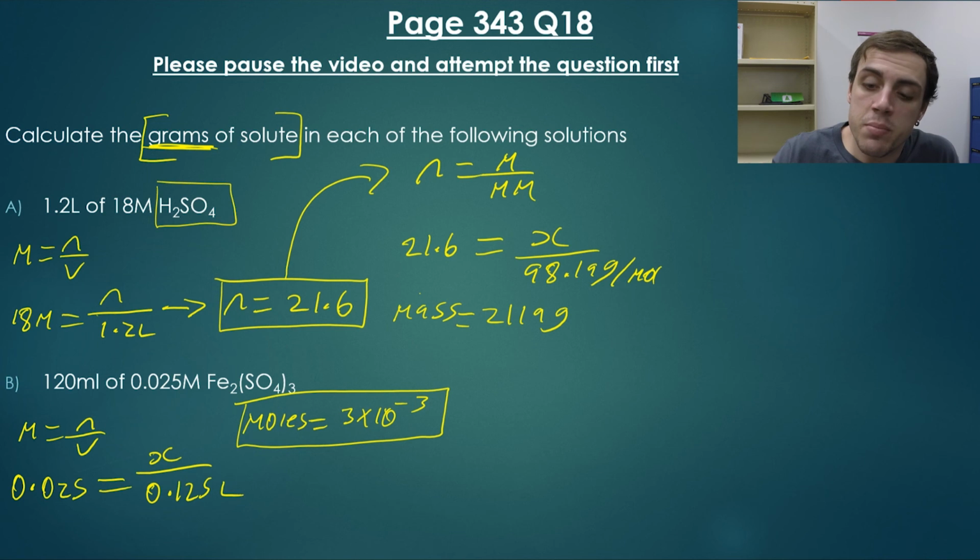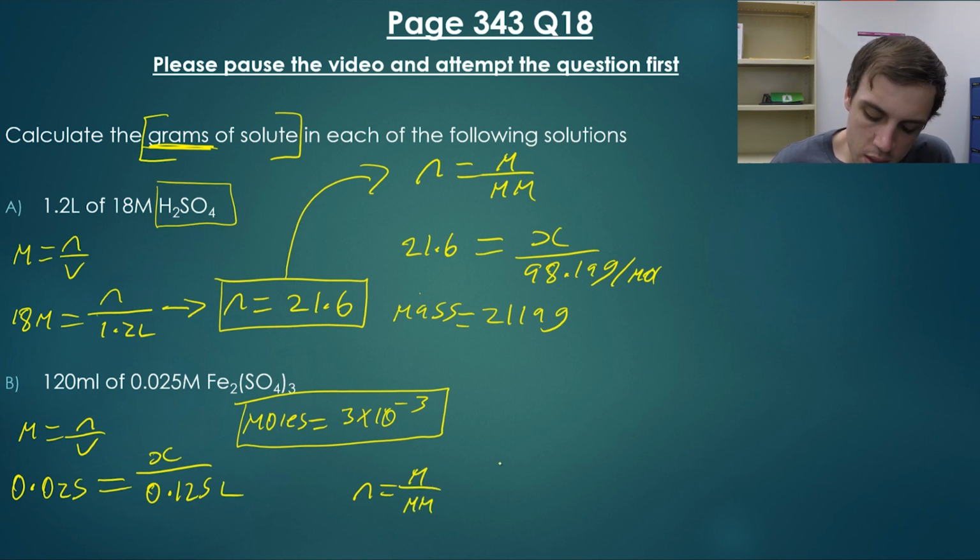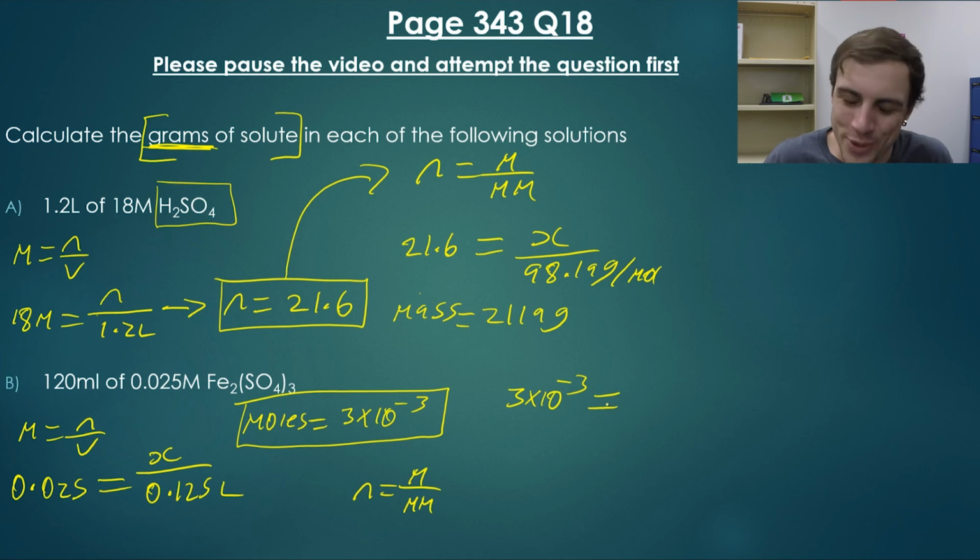Now we can use these moles to calculate the mass. So we go moles is equal to mass over molar mass. So the number of moles, which is 3 times 10 to the minus 3, is equal to the mass, which of course we don't know, over the molar mass.